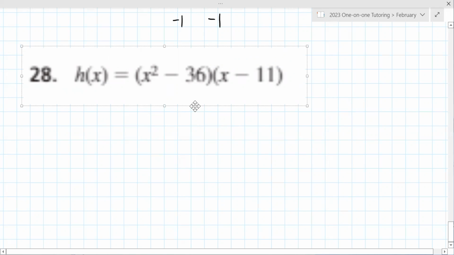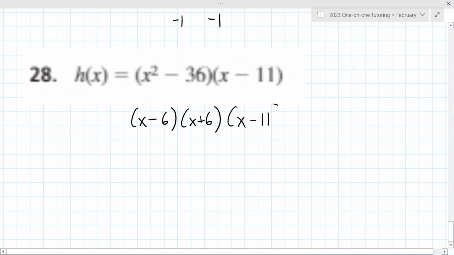Okay, so then it would be x minus 6 times x plus 6 times x minus 11. So that means it's a cubic, not a cube root. Cube root is something different. You have to set each of these equal to 0. So this one has 3 x-intercepts.